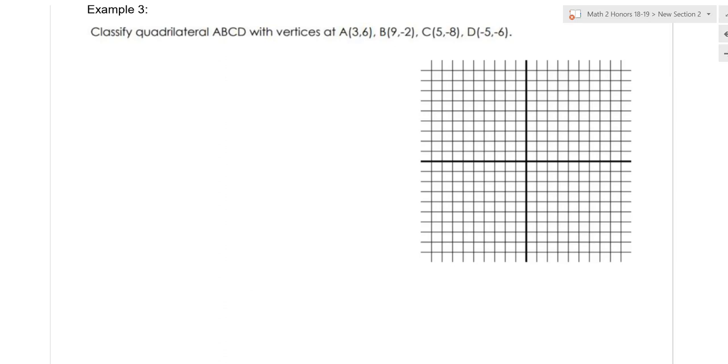A is at 1, 2, 3, 9, 9, -2, 5, -8, and then -5, -6. So that was A, B, C, and D.